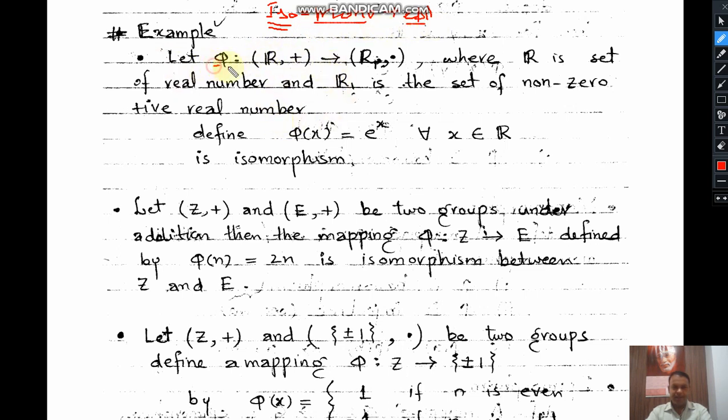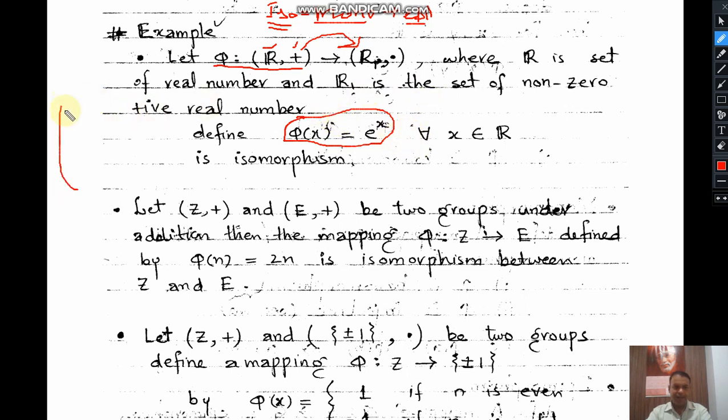Consider this example. There is a set of positive real numbers, and there is another mapping on positive real numbers. In the first set, the addition operation will be performed, while in the second set, the multiplication operation will be performed. So these two sets have isomorphism if the elements are associated by this rule: the exponential of a number is found in the other group.